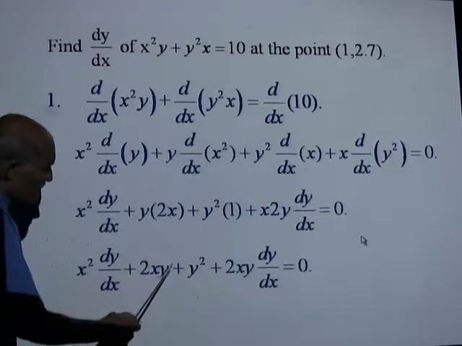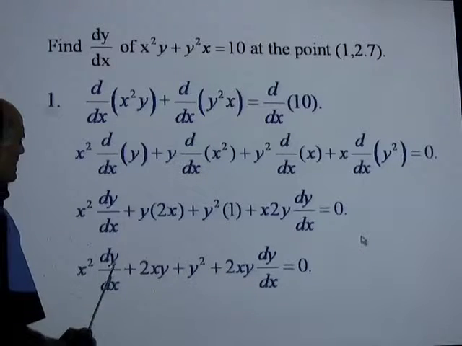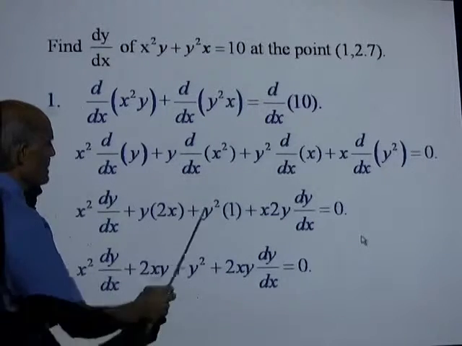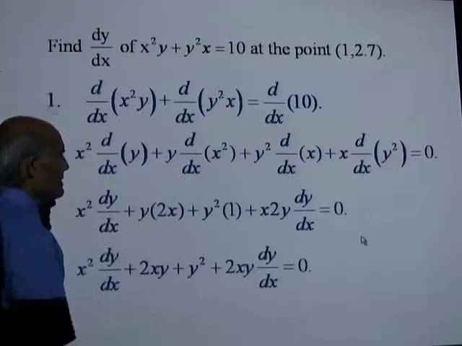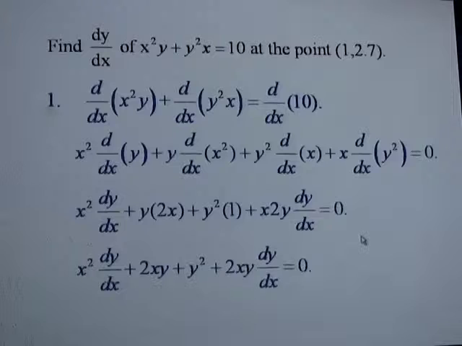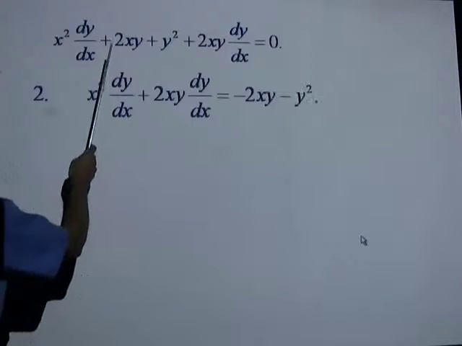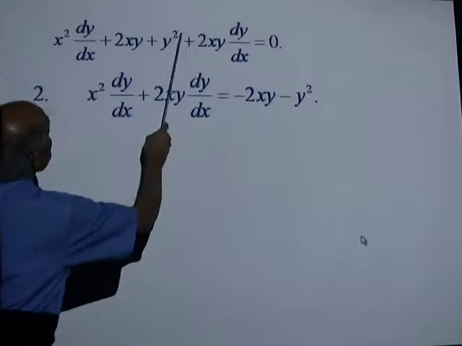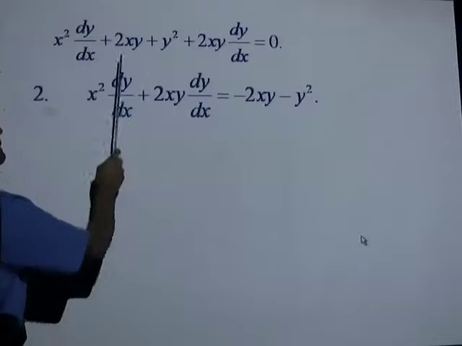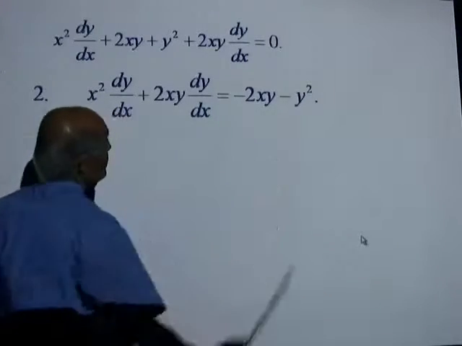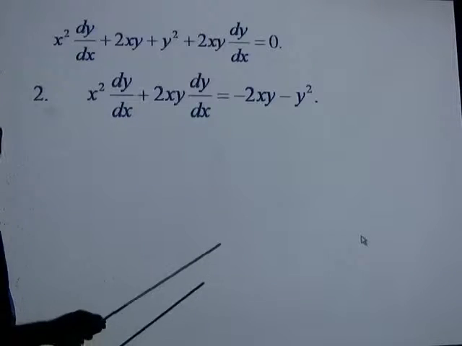I just cleaned it up a bit, which is x squared dy by dx plus 2xy plus y squared plus 2xy dy by dx equal to 0. Now we leave these two terms containing dy by dx on the left side and take the others on the right side. I hope that algebra is rather simple for you.